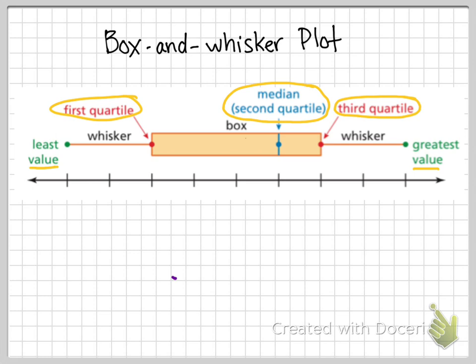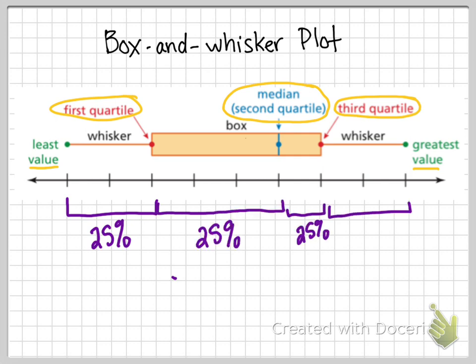So this first section shows us the first 25% of the data. So that whisker shows us 25%. The box shows us 50% of the data, right? The middle two 25s or the middle 50%. And then the last whisker shows us the final 25%.